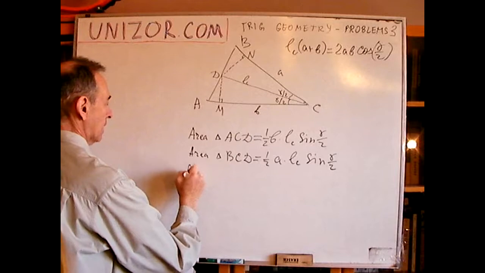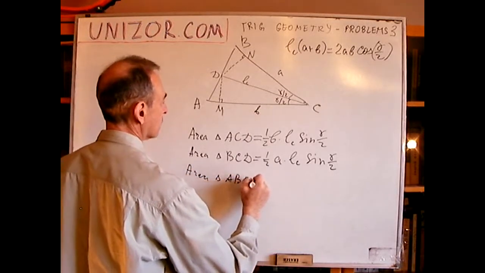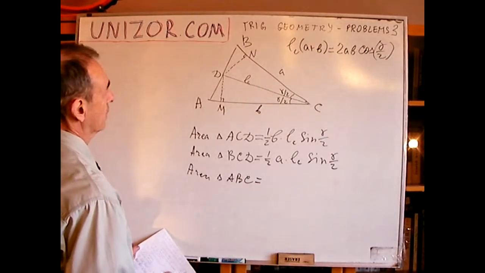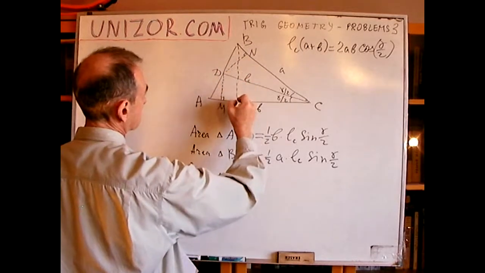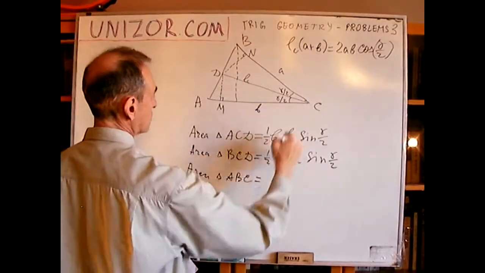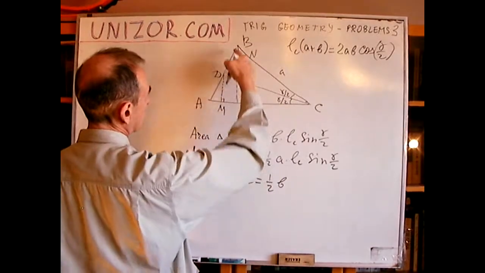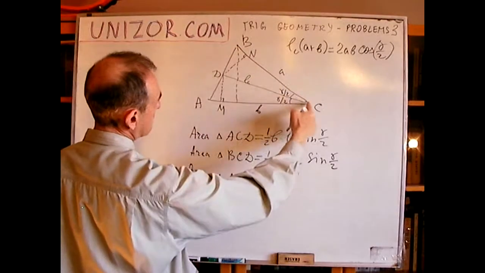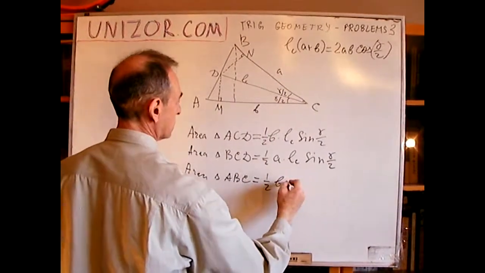On the other hand, the area of triangle ABC, the entire triangle, is, let's think. Well, if I take this particular altitude, it would be 1/2 B, and this particular altitude is A times sine of gamma, right?